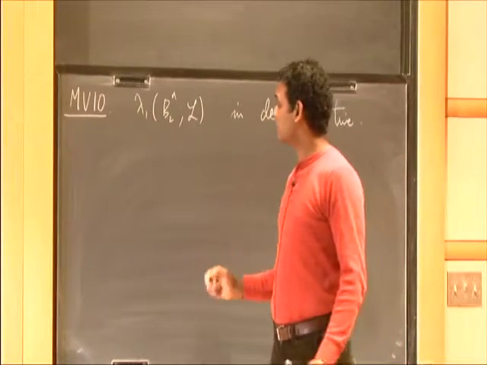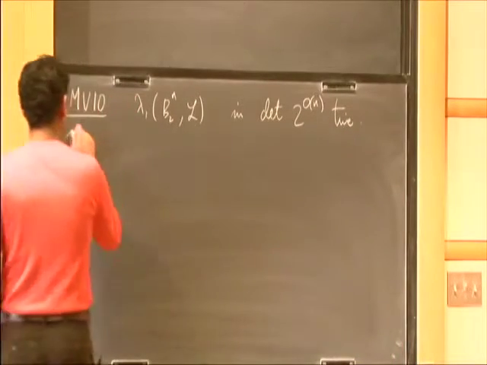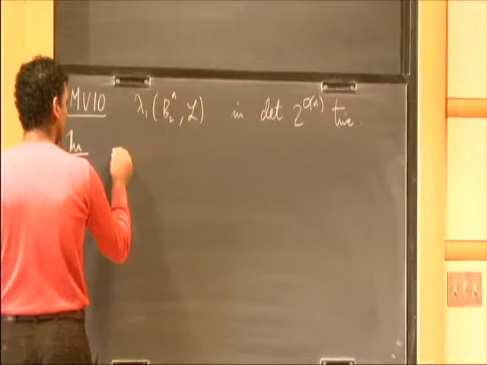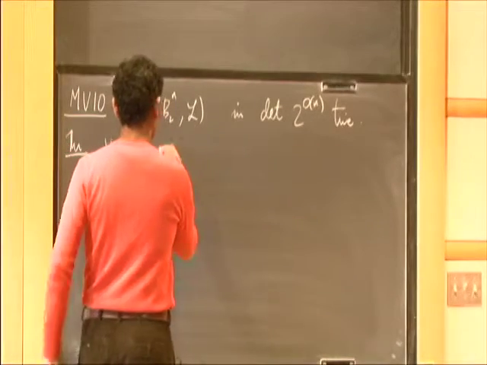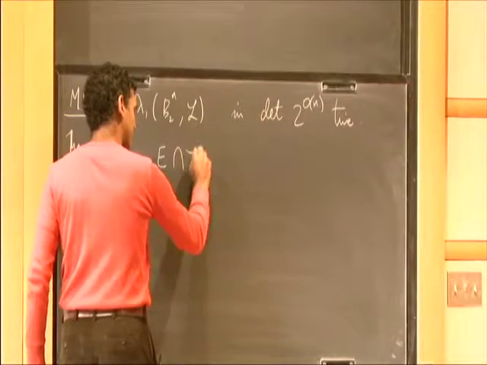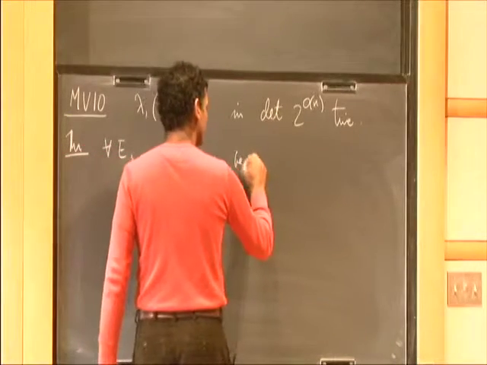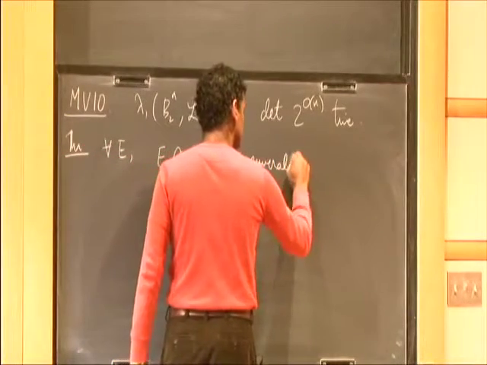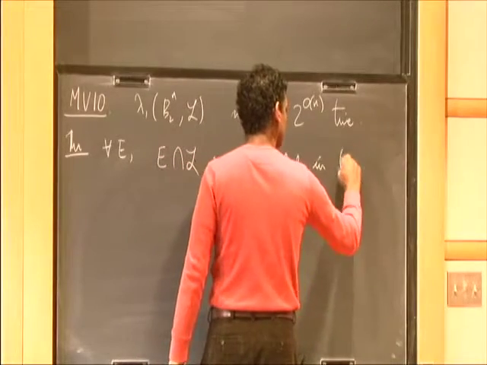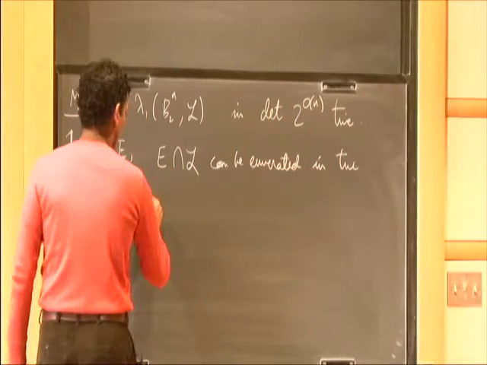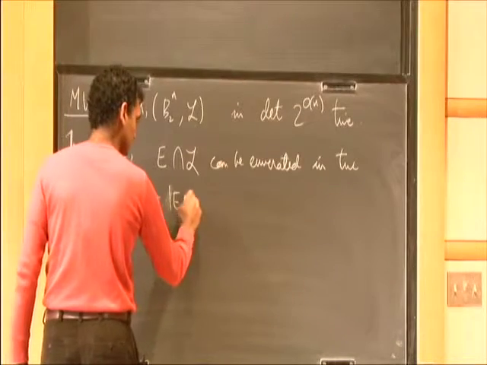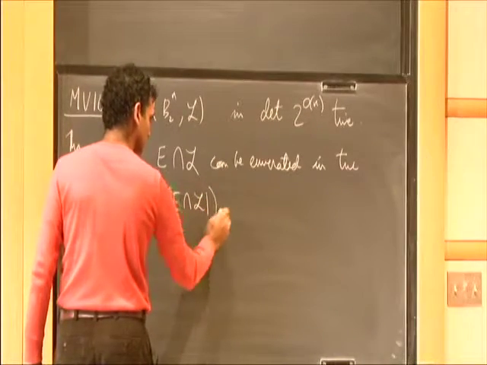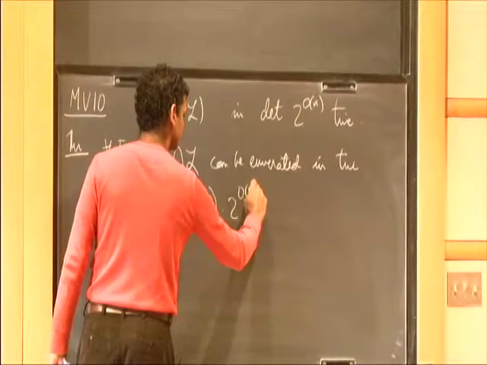So it's quite nice. And one way to state that theorem is that for any ellipsoid E, the set E intersect L can be enumerated in time 1 plus the size of E intersect L times 2 to the order n.